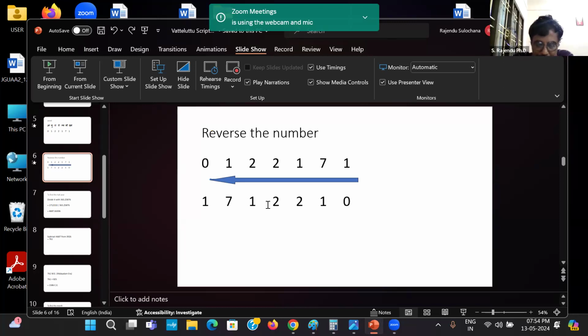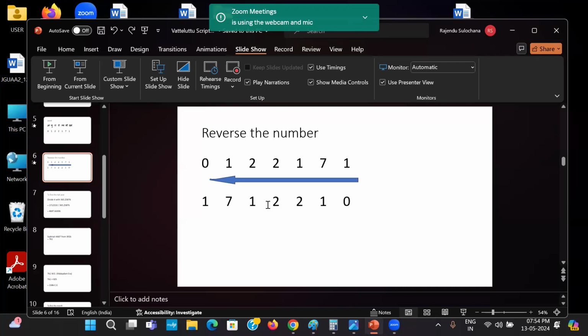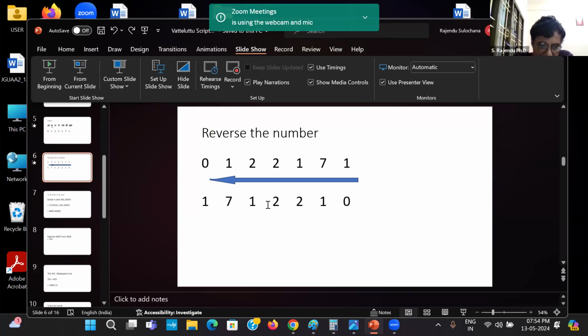The place name is different, but the temple name is Kurumathur. It is near Mukkam. The temple's name is Kurumathur.